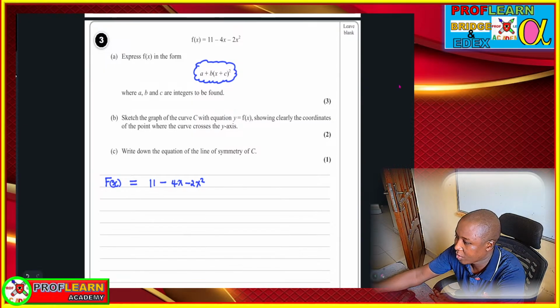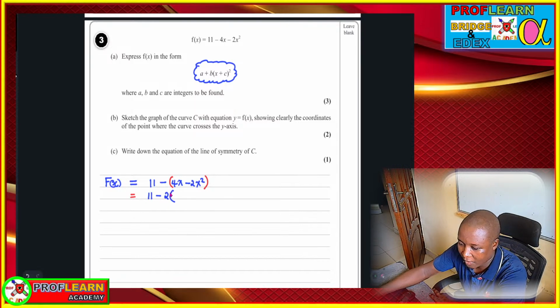So the first thing that you're going to do is to group this together and factor out what's common. And to do that, we are going to say this is 11 minus 2 into brackets. I've taken minus 2 out. If I take minus 2, this is going to be positive, isn't it? So if I take minus 2 out, we're going to have a positive value there.